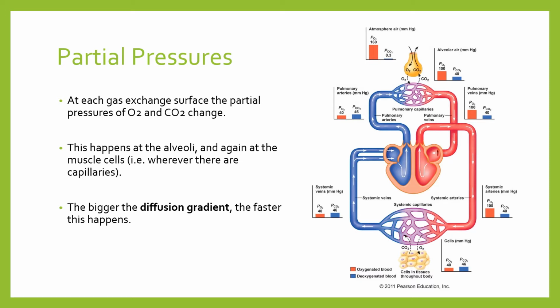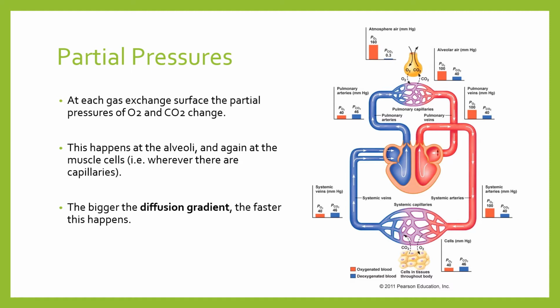And the bigger the diffusion gradient, you could think of it as a slope, the steeper the slope, the faster the oxygen will run from where there's a high concentration of oxygen to where there's a low concentration of oxygen.